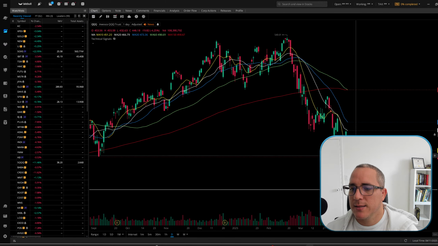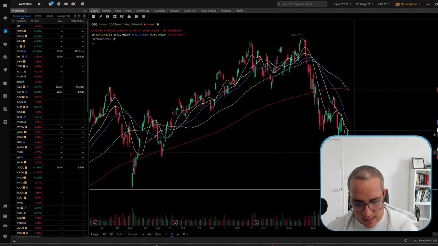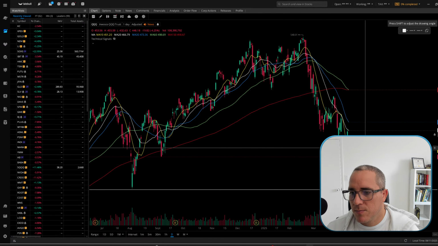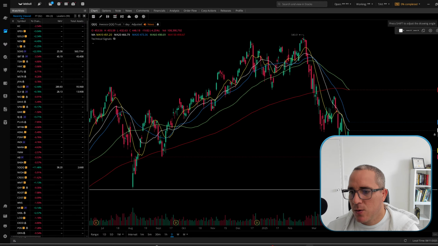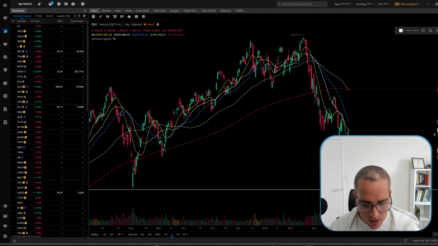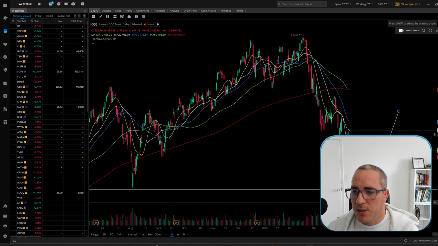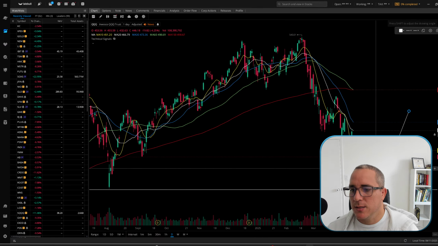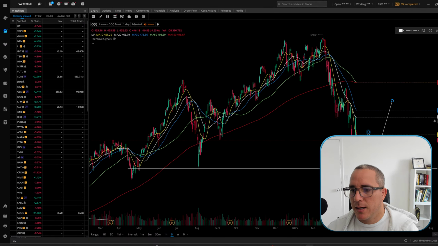It's most likely that this is going to create something like this, and preferably we need to create a higher low in order to capitulate in the best way possible. That's what I'm expecting. Okay, but again, this leg can still continue down, or maybe this leg can continue down, which I don't like.